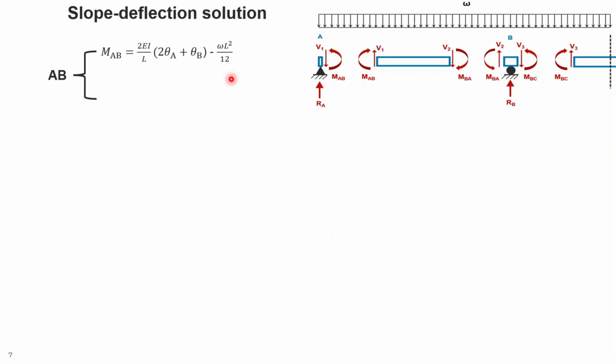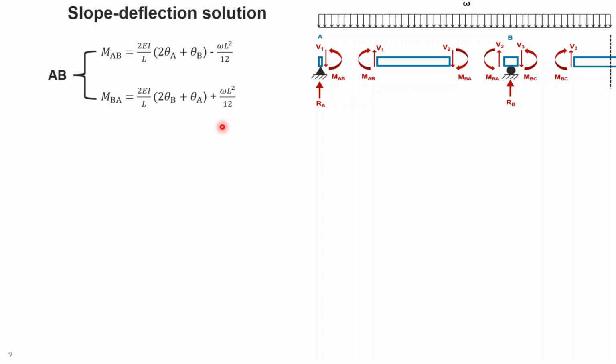If you swap the A and B places in this formula, you will come up with another equation, which goes for MBA, the moment at end B of element BA, and it would be 2EI over L times 2 theta B plus theta A. Just swap the A and B. And here we have plus the fixed end moment.